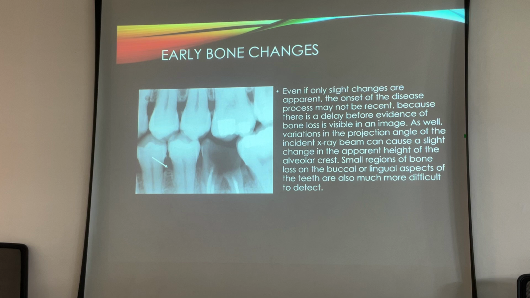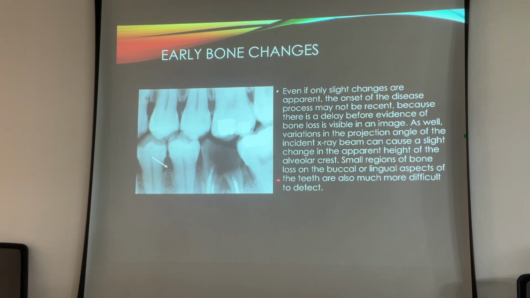Okay, the next one is, even if only slight changes are apparent, the onset of the disease process may not be recent because there's a delay before evidence of bone loss is visible in an image. As well, variation in the projection angle of the incident x-ray beam can cause a slight change in the apparent height of the alveolar crest.